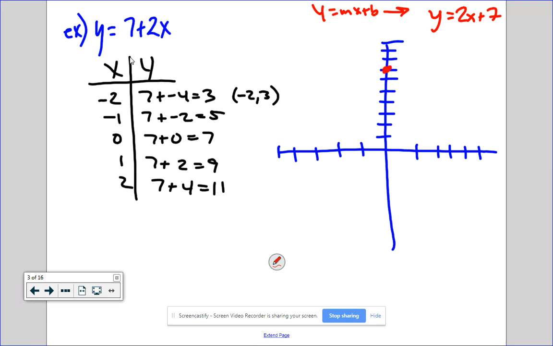And I put a dot there. Then my slope is 2. So what do I do with that? Up 2 over 1. I treat my slope as a fraction, 2 over 1, and do rise over run. So you go up 2 over 1, up 2 over 1.